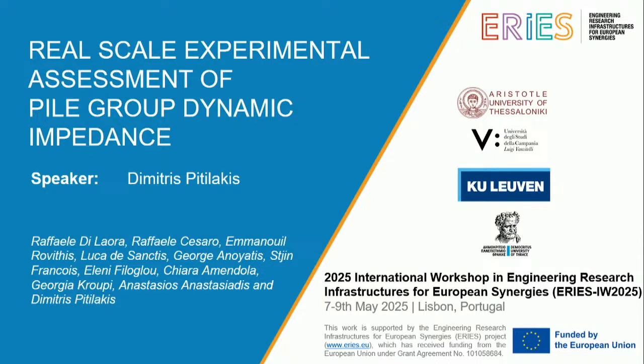I'm here on behalf of this big team that you see here at the bottom. I'm going to present the efforts done in the project called Real-Scale Experimental Assessment of Pile Group Dynamic Impedance. The PI in this project is Raffaele Di Laura, who unfortunately cannot be here, so I am presenting on behalf of the team.